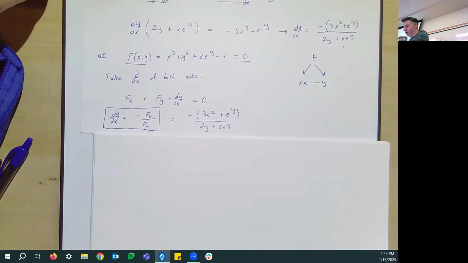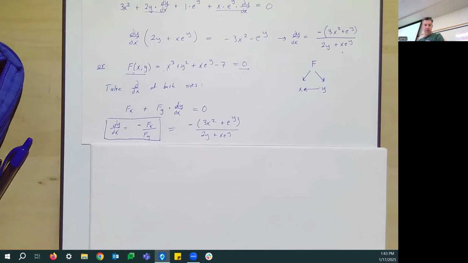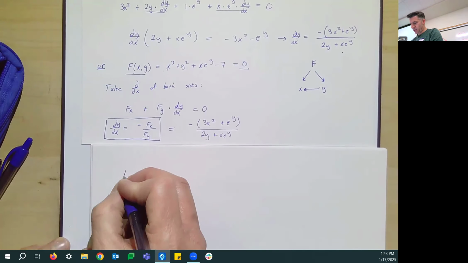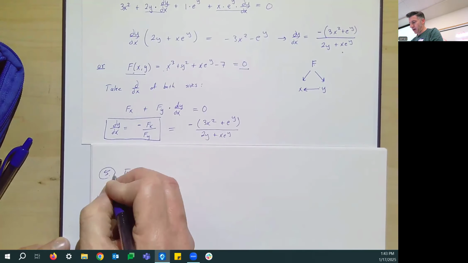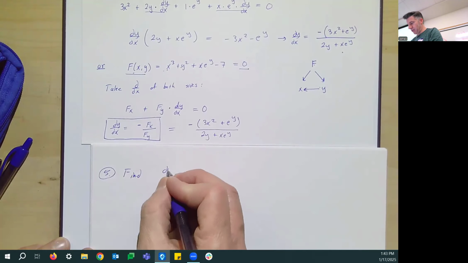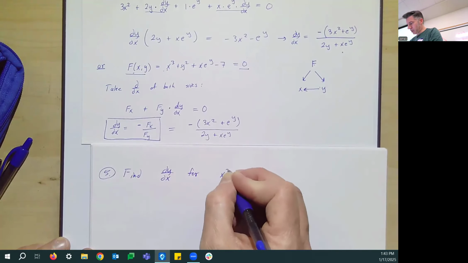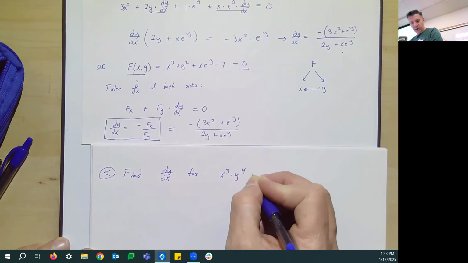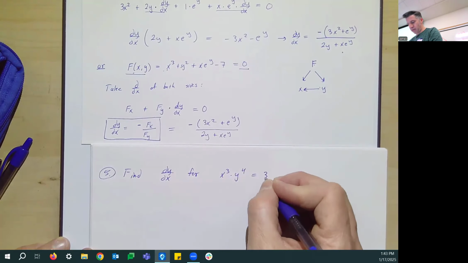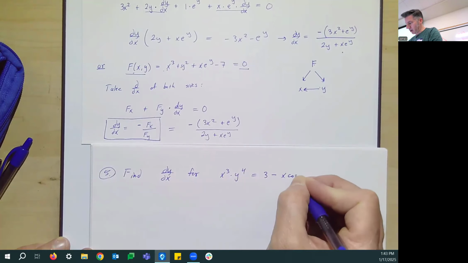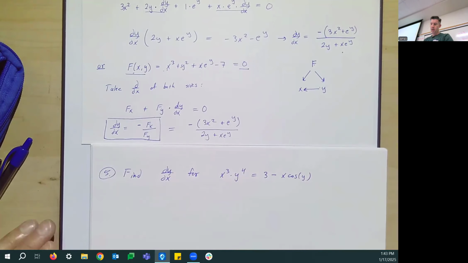Let's do one more example here. So if I was given, all right, let's just write it out. So we're going to say find dy dx for x cubed times y to the fourth equal to 3 minus x times cosine of y. And before you just start going and doing this, there is one thing you have to do first.